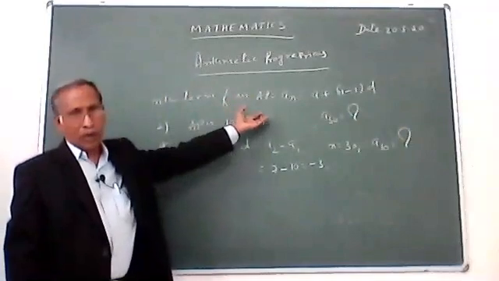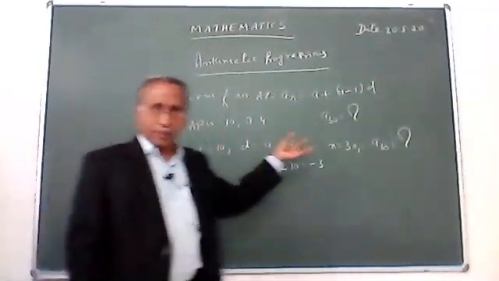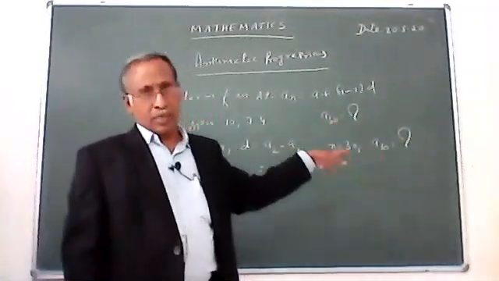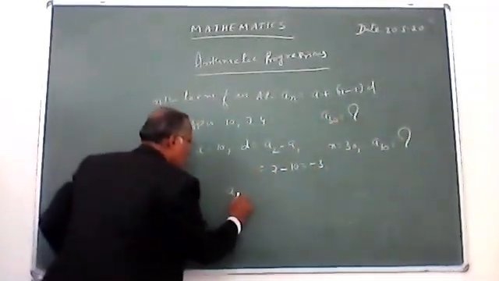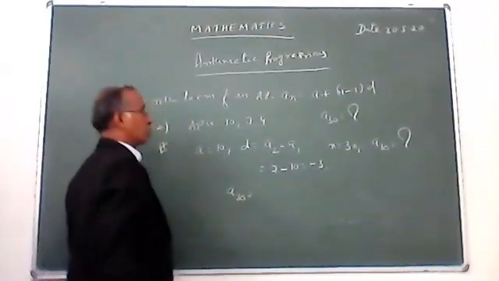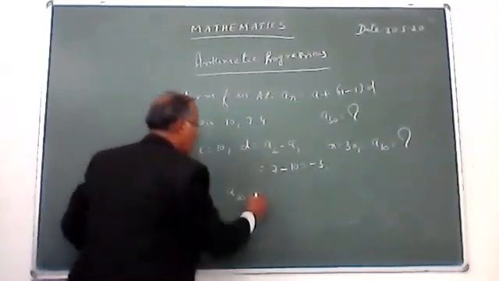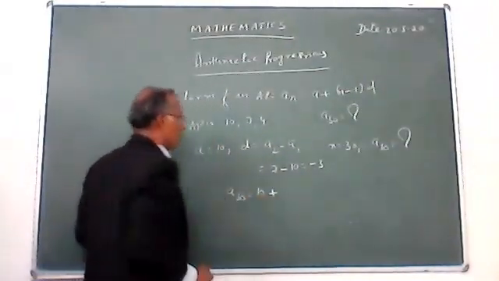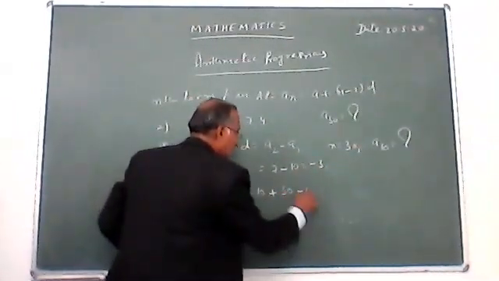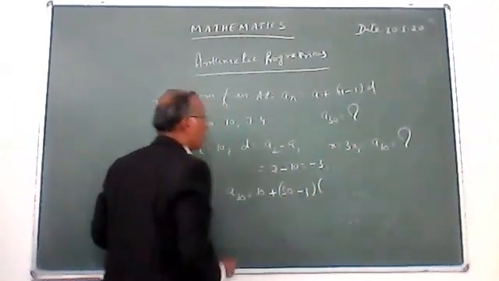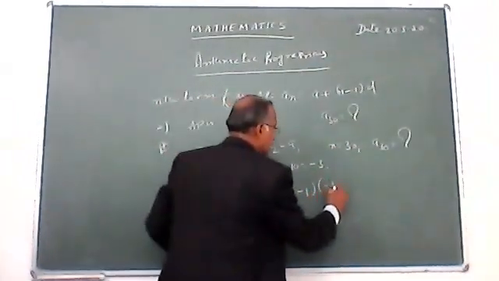As you know, the formula to find the nth term of an AP is An is equal to A plus N minus 1 into D. Therefore, A30 is equal to A, which is 10, plus N minus 1. N is 30, minus 1, into the common difference, minus 3.